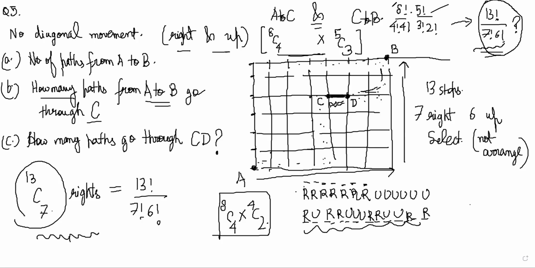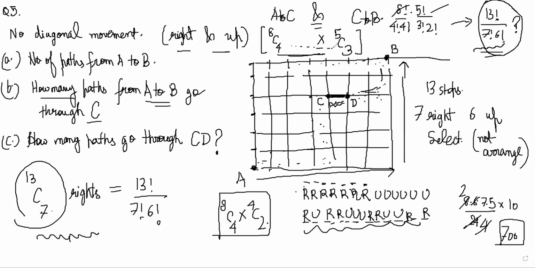So 8 into 6 into 7 into 5 by 24 into 5 factorial by 5 into 4 by 2. So 10, right? 840. So this is becoming by 4. This is becoming 2. So 700 is coming for me. 700 is the first answer.